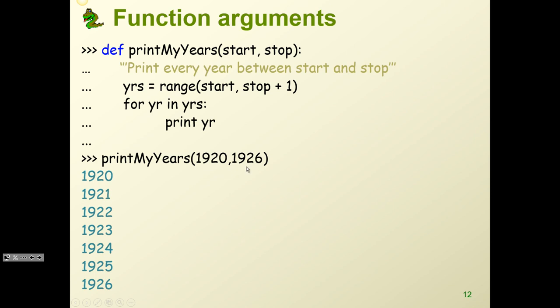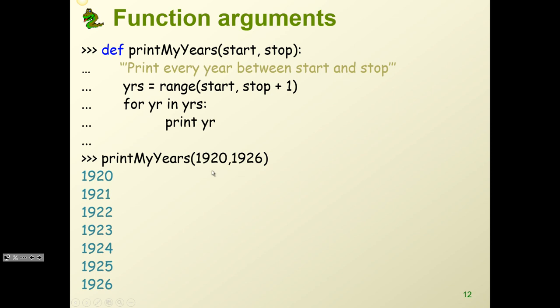I say that we are calling the function. Okay, we're calling the function. Yo, print my messages, calling you. That's what it means. We're calling out to it to do its thing. So we're calling it with the values of 1920 and 1926.